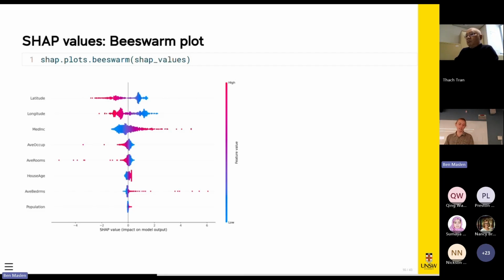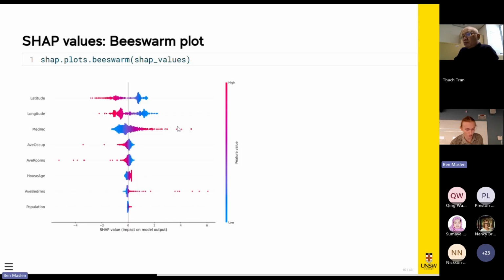As latitude increases, the SHAP values decrease, and the median house price decreases. Same for longitude. Whilst median household income, as you might expect, is positively related to median house price.